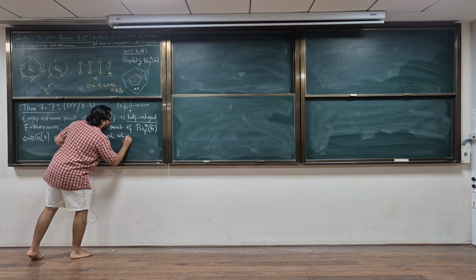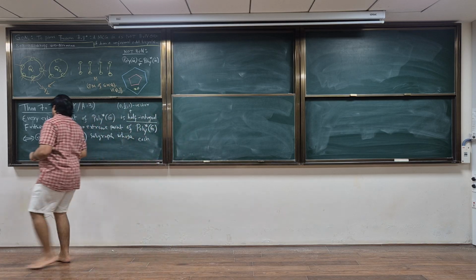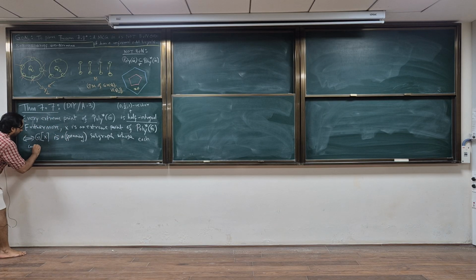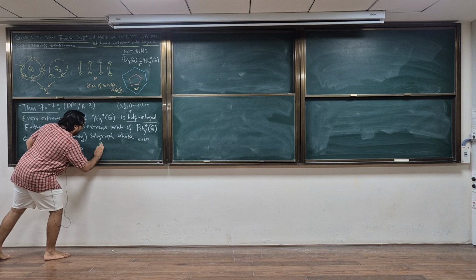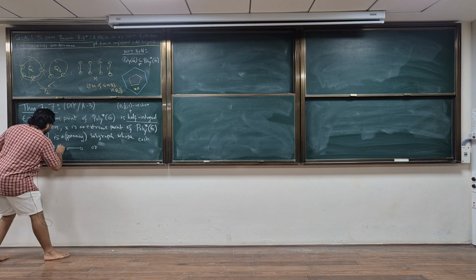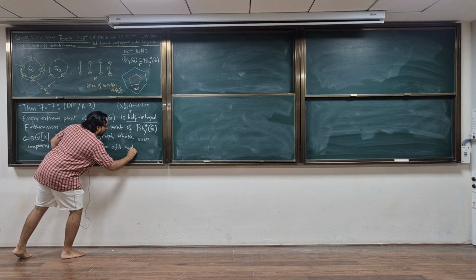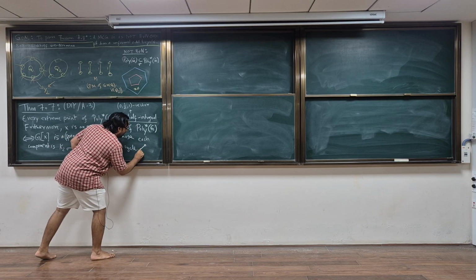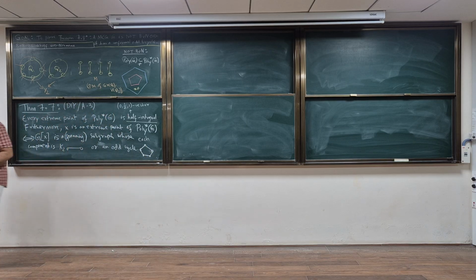Is a spanning subgraph whose each component is, in fact, I will just draw two components, K2, and I will draw an odd cycle. And in fact, you can go further and say what the values will be.